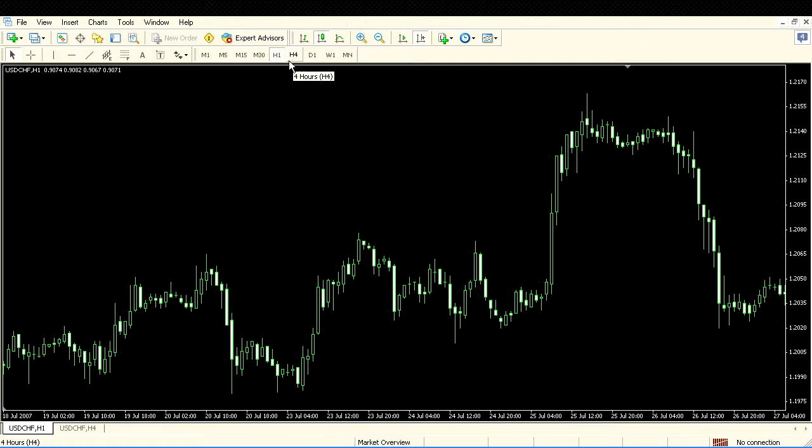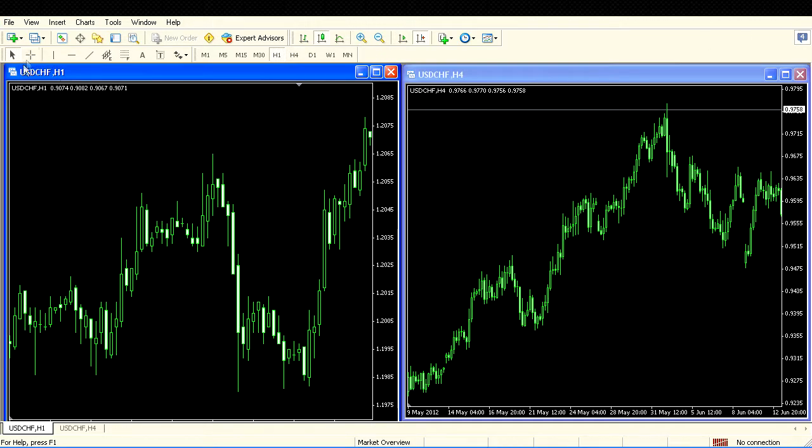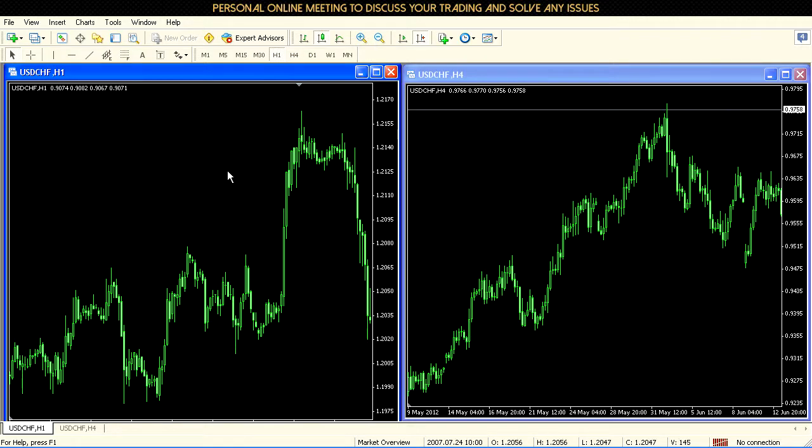Next, let's compare 1 hour and 4 hours charts, just to get an idea of what we see on one and on the other. Let's have the dollar versus franc currency pair on the left, the 1 hour chart, and let's have the same currency pair on the 4 hour chart. So what can we see?